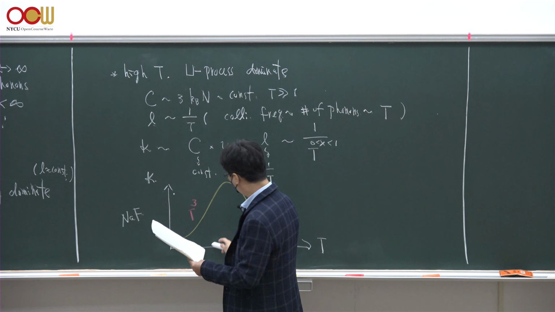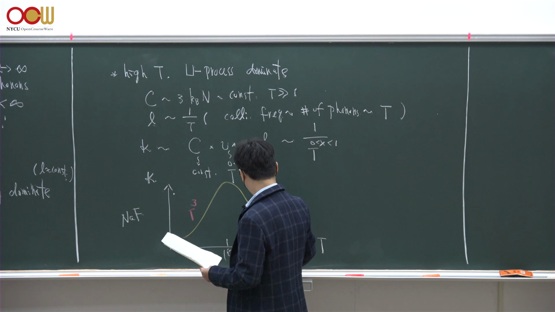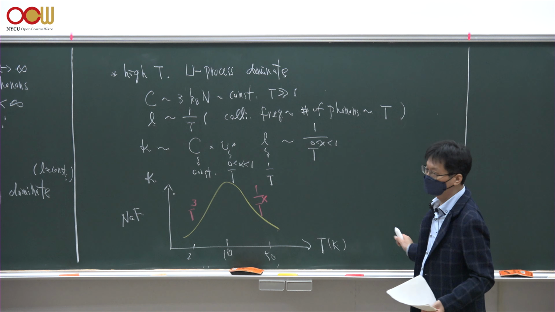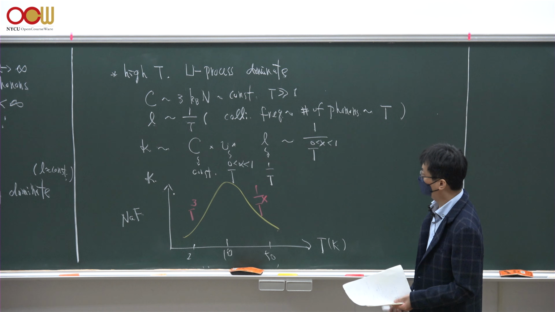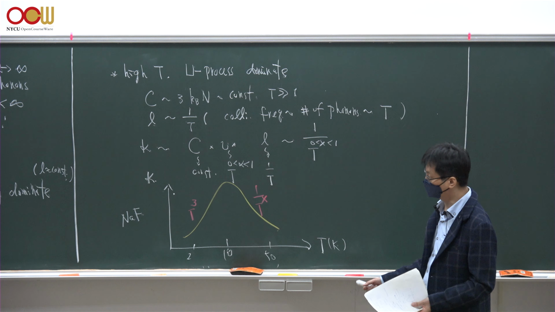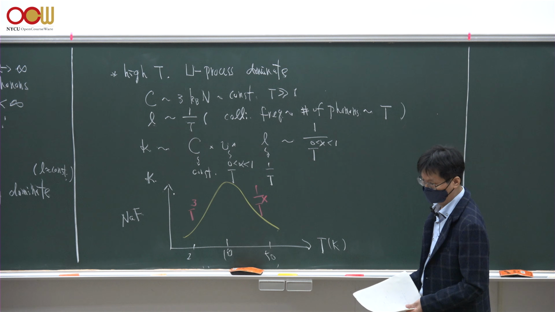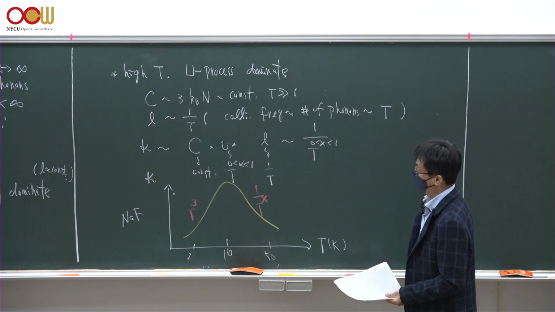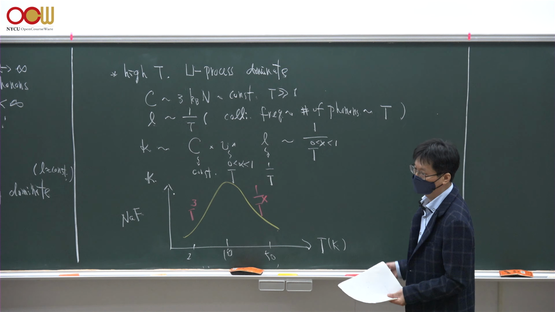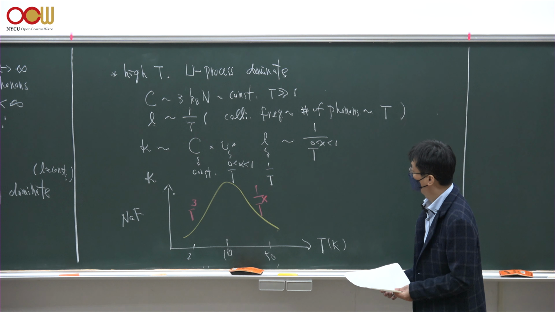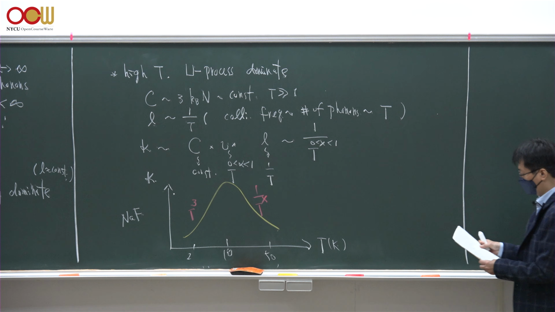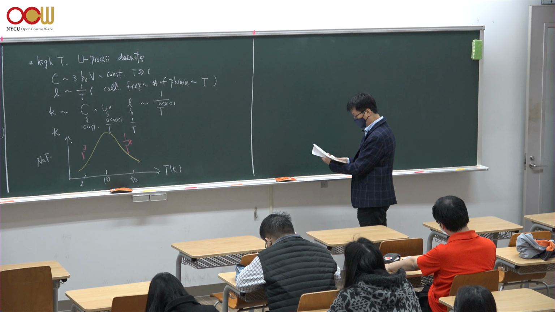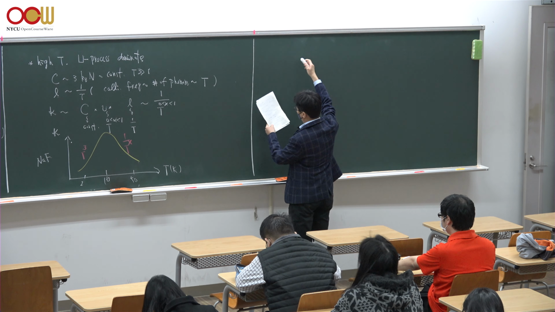The crossover temperature is about 10, and this is 50 Kelvin, and this is 2 Kelvin. So now you appreciate the power of these collisions, okay? Because we expect these collisions between phonons, we can explain the temperature dependence of the thermal conductivity for many materials. So let's define the normal and Umklapp processes more closely.